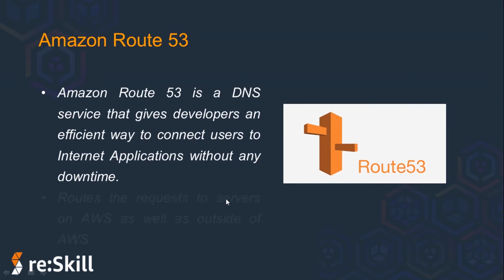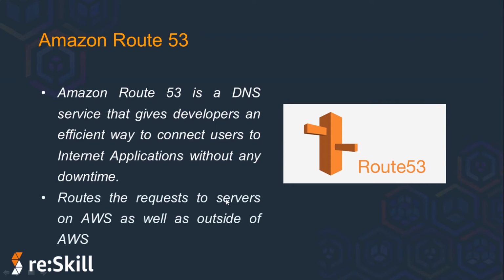And Route 53 effectively connects user requests to the infrastructure running in AWS, such as EC2 instances, elastic load balancers, or Amazon S3 buckets, and can also be used to route requests to infrastructure that is outside of AWS. So it is not restricted to only the infrastructure on AWS, but also the requests can be routed to the infrastructure that is outside of AWS, like the on-premises infrastructure.